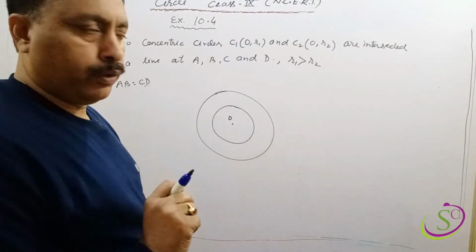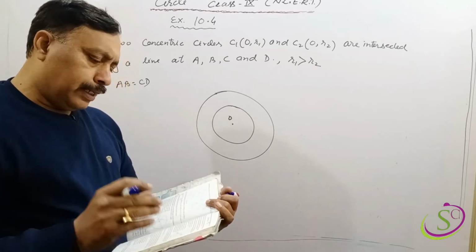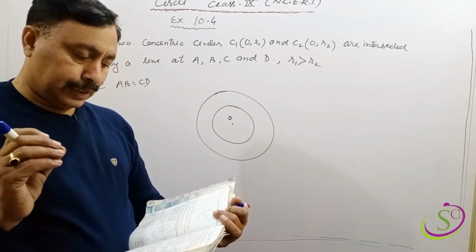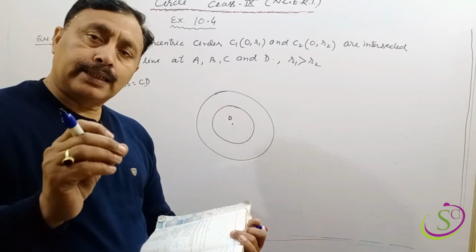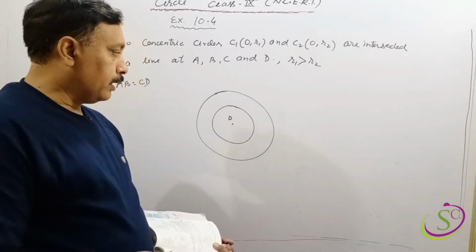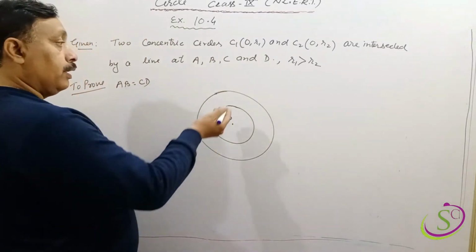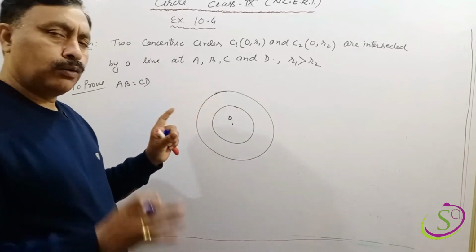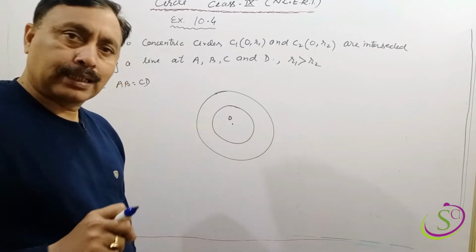Question number 4 is saying that a line segment intersects two concentric circles with center O at A, B, C and D. Then show that AB equal to CD. There are two circles, one is this and one is this, both circles having the same center, so known as concentric circles.